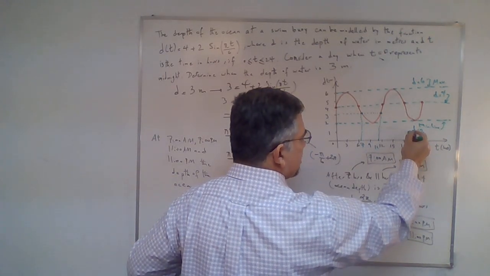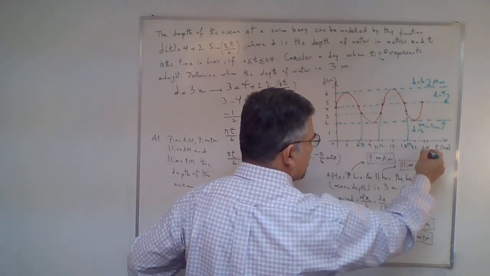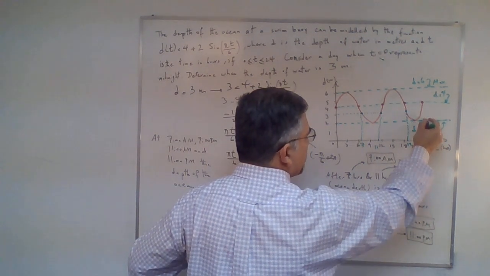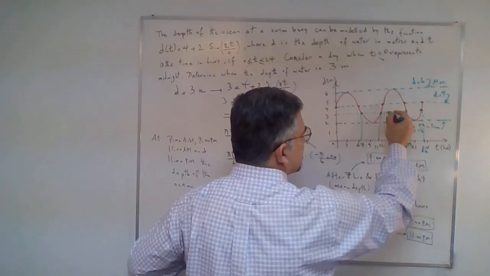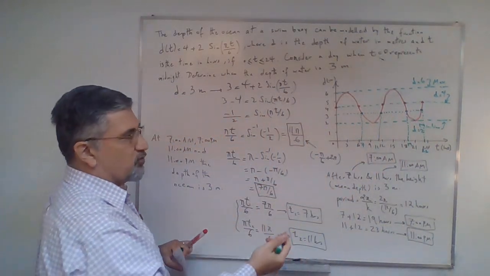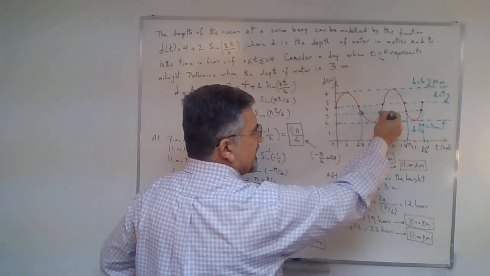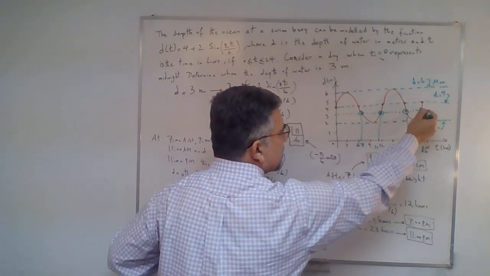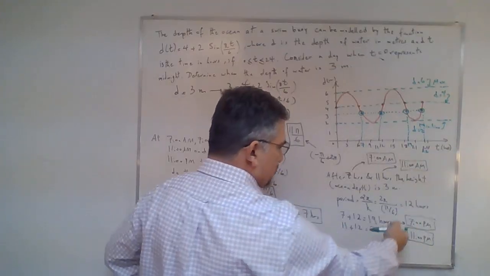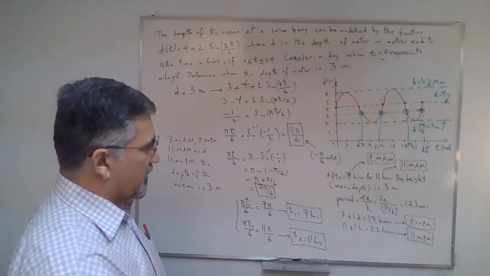So at 19, again here, and 23, I believe, was the next one. So 23, go up, and this is exactly showing a height of 3 meters for all those 4 points. So this is 7 a.m., this is 11 a.m., 7 p.m., and this is 11 p.m., which is represented by t equals 23 hours.